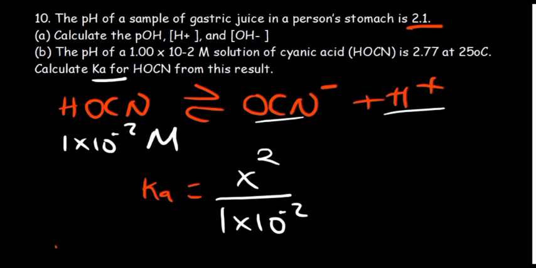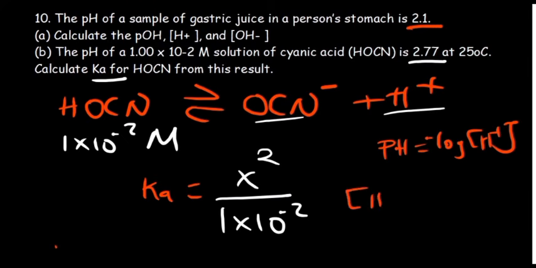We're trying to find the value of Ka. What is going to help us? Remember, we've been given the pH, which is equal to the negative log of the hydrogen concentration. So we can find the hydrogen concentration, which is represented by x. We divide by a negative on both sides, that becomes positive, and where there's pH we put 2.77.